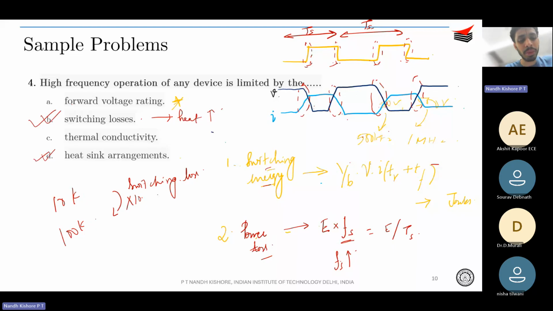Because you are operating at higher switching frequency, it leads to higher switching losses. Because of that, there is heat generation in the junction of the device. Junction temperature increases. To limit that, we have to put elaborate heat sink requirement. Okay, so essentially it is switching loss, right?